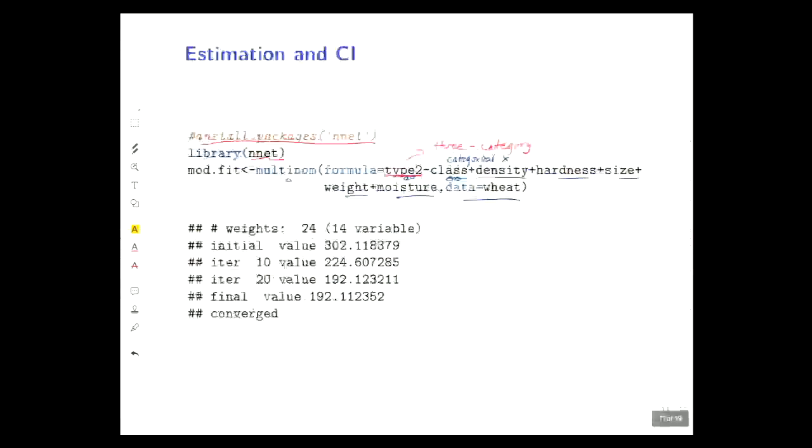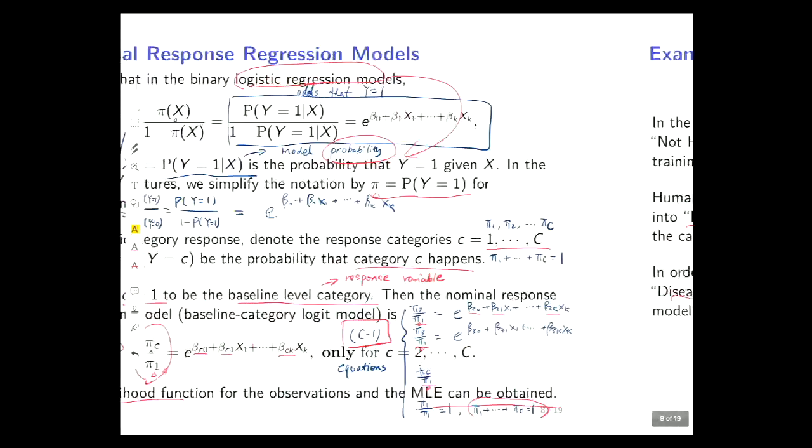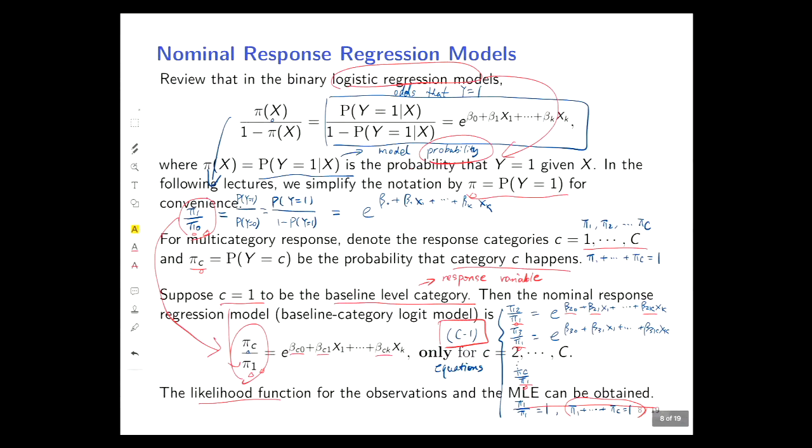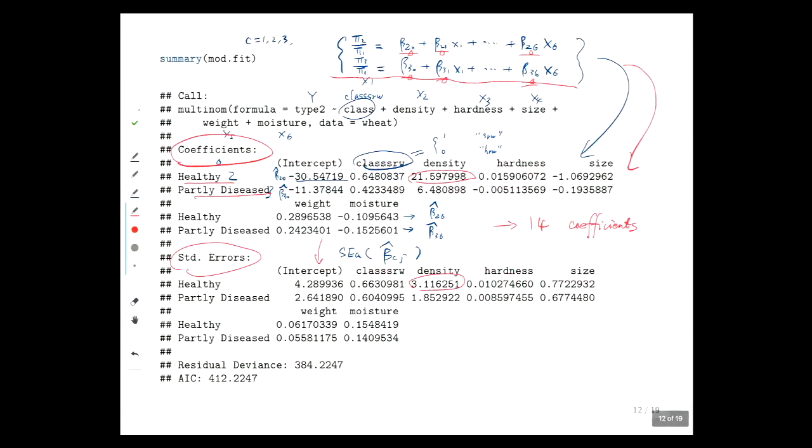And remember that here in this logistic regression model, pi 1 plus pi 0 is always equal to 1, right? So that means we only have 2 categories. So if you consider using the logistic regression model, for instance, you just try to separate these 2 equations and try logistic regression directly for these 2 equations.